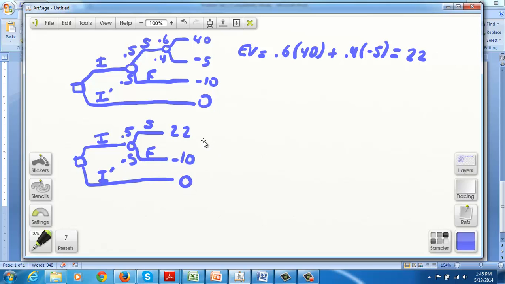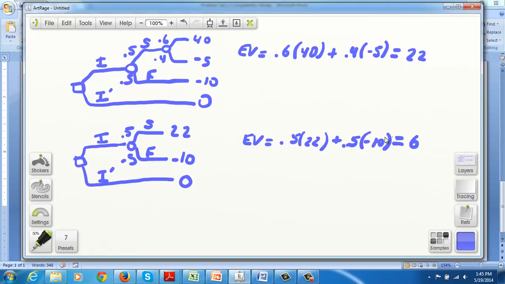So once again, as I start the rollback, I start at the far right-hand part of the tree and roll back to the first node I hit, which is an uncertainty, and I need to do the expectation again. And so it's 0.5 times 22 plus 0.5 times minus 10. And if you go through that computation, you'll get 11 minus 5, which is going to be 6.